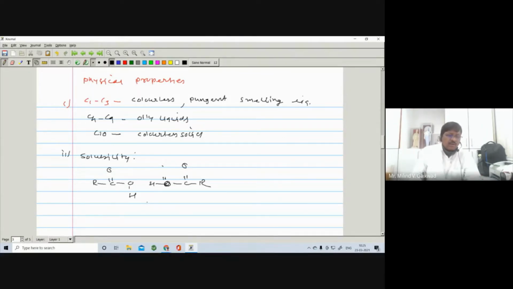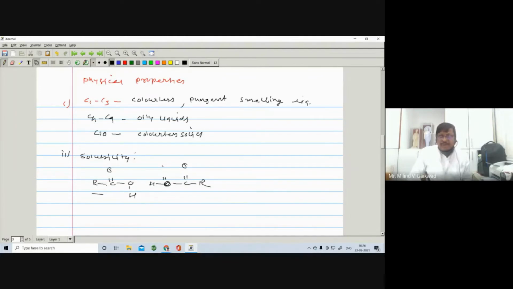As the number of carbon atoms in R increases, the hydrocarbon skeleton increases. As the hydrocarbon skeleton increases, the polarity is less and the solubility decreases.